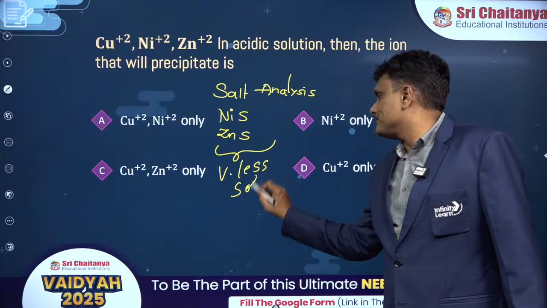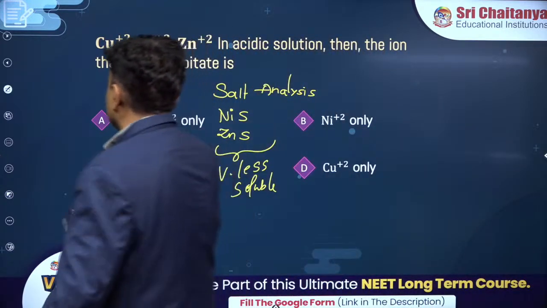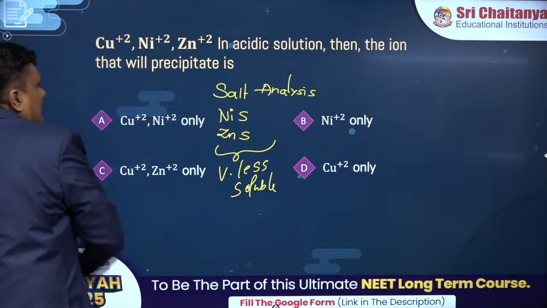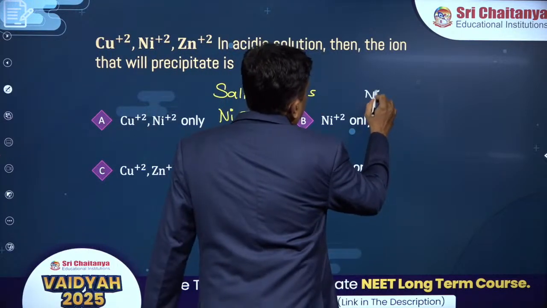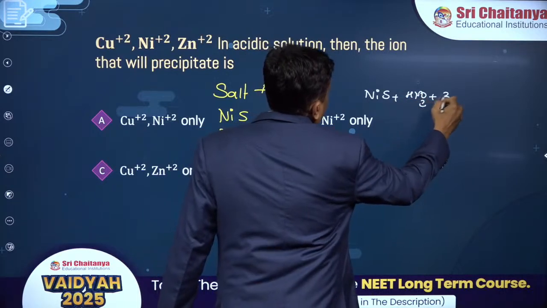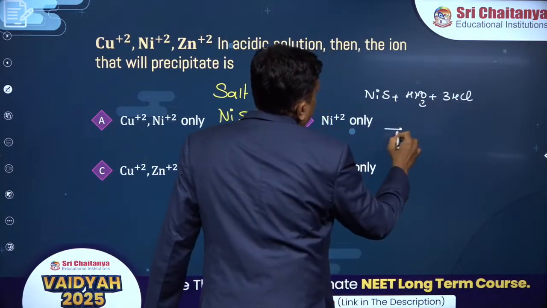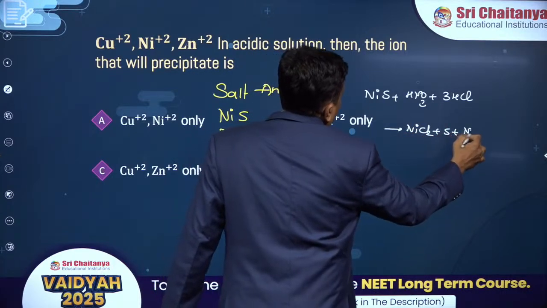And indeed, you should also know that nickel sulfide is dissolved by using aqua regia, right? You know that reaction, HNO3 plus 3HCl gives rise to NiCl2 plus S plus NOCl and water.